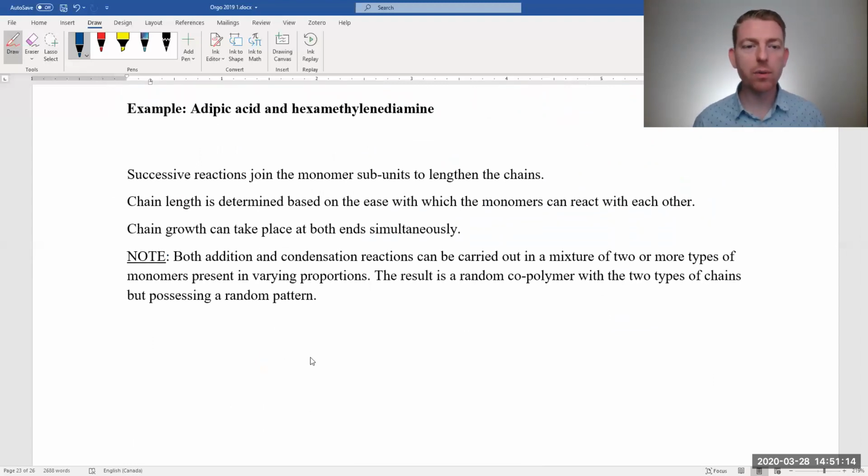But I want to think about what is the repeating unit on this condensation reaction. So let's actually draw those two out. Okay, so we have, let's see, doesn't really matter at this point, but we've got a length of carbons with a carboxylic acid on each end, and we'll also do, say, an amine.